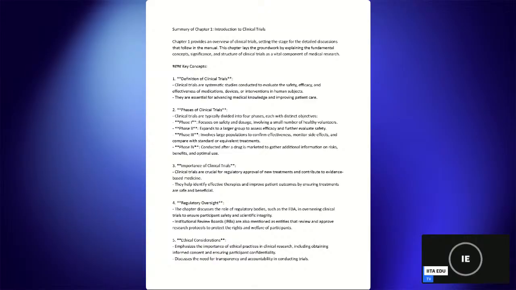And we have what they call the maximum tolerable dose, MTD, which we try to establish.